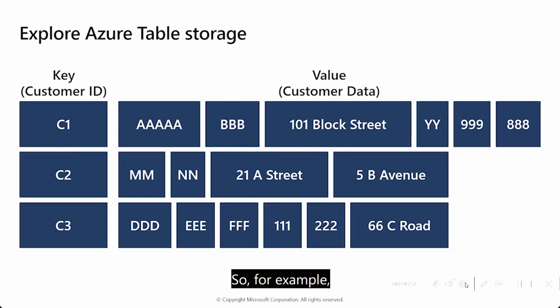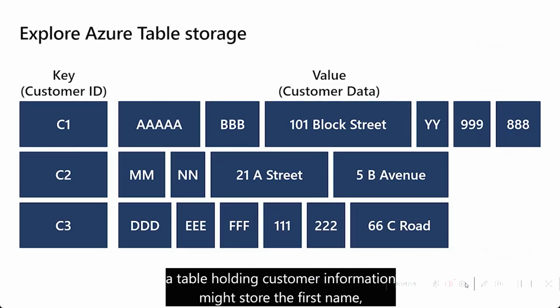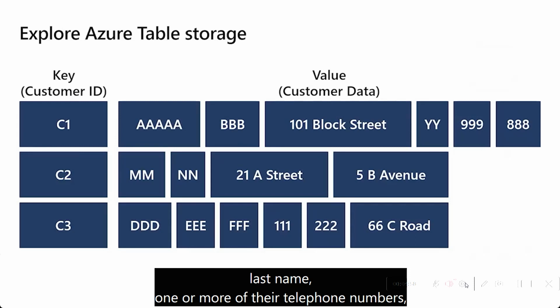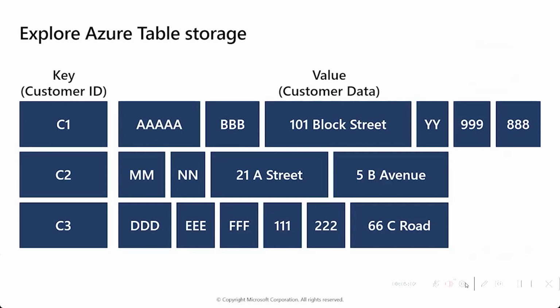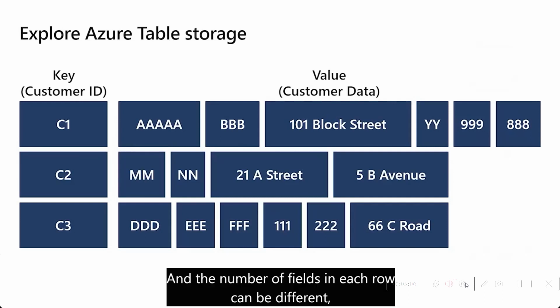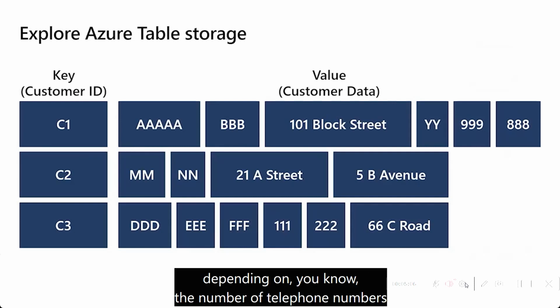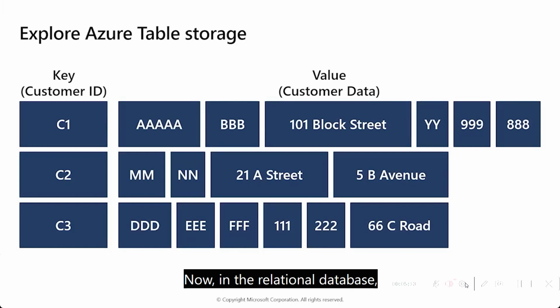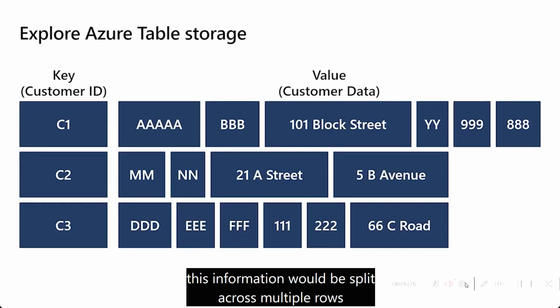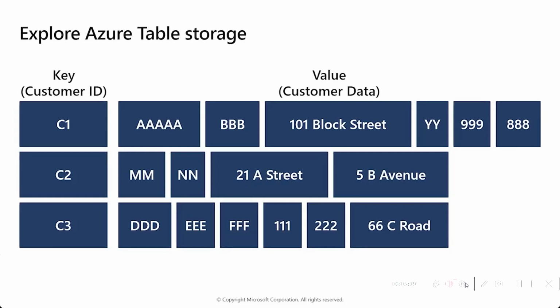So, for example, a table holding customer information might store the first name, last name, one or more of their telephone numbers and addresses for that customer. And the number of fields in each row can be different depending on the number of telephone numbers or addresses that particular customer might have. Now, in the relational database, this information would be split across multiple rows and several tables.